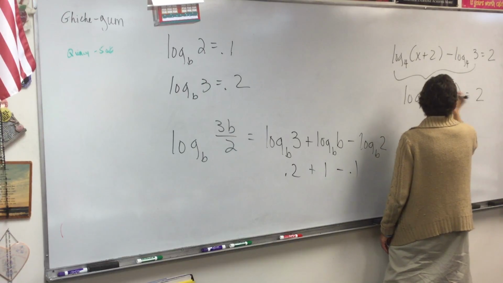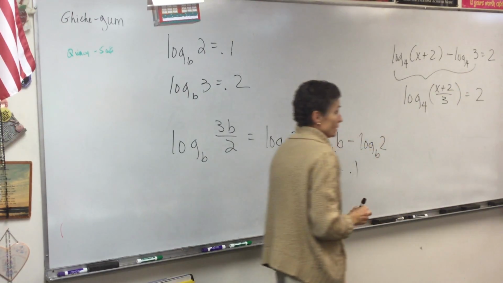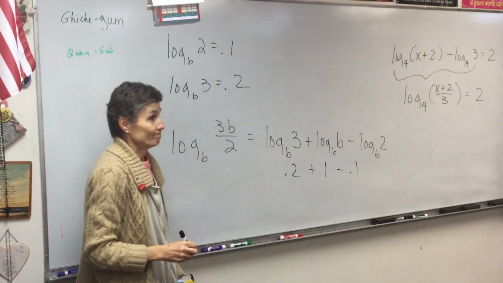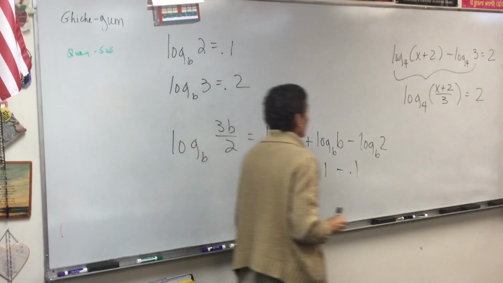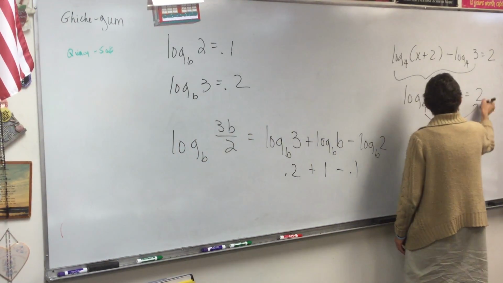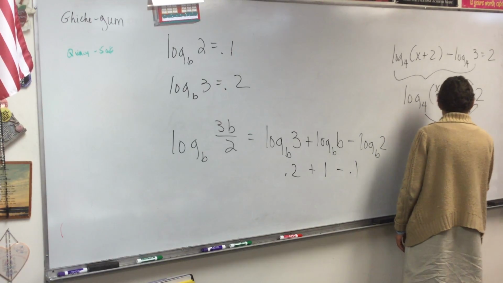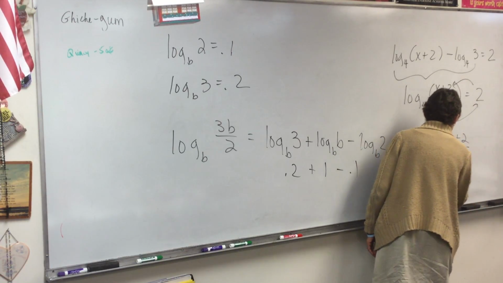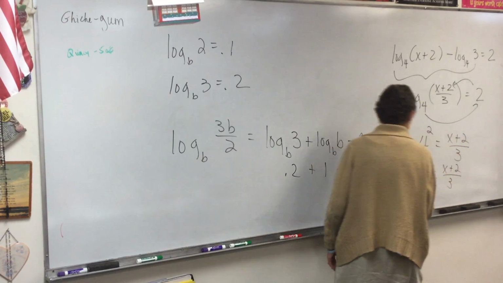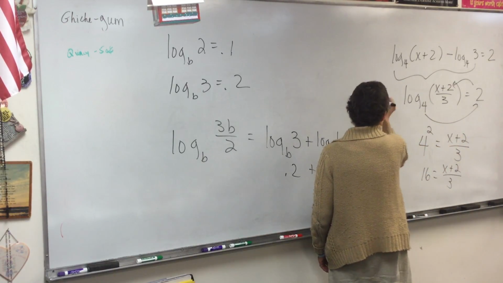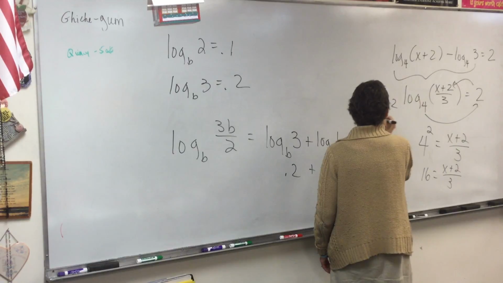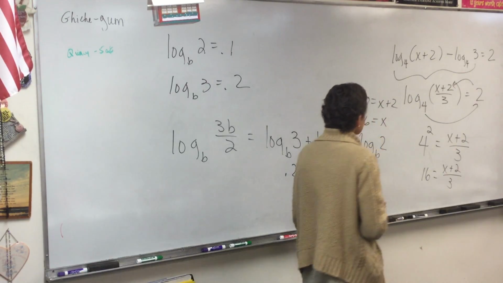So x plus 2 over 3. Now what? Got to get rid of that logarithm, so we translate it. 4 to the 2nd equals x plus 2 over 3. So 16 equals x plus 2 over 3. 48 equals x plus 2, so it looks like x equals 46.